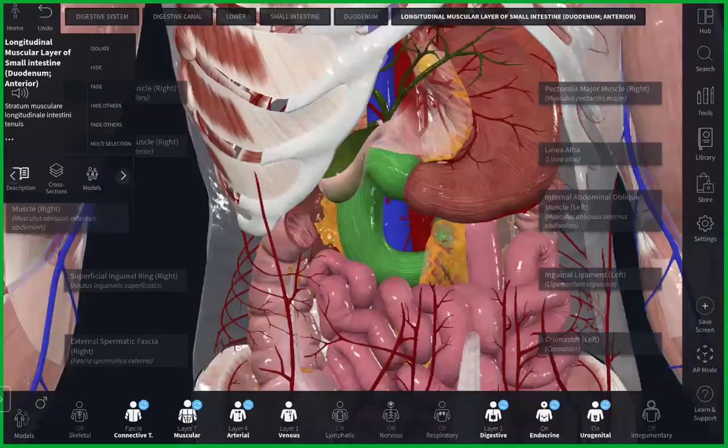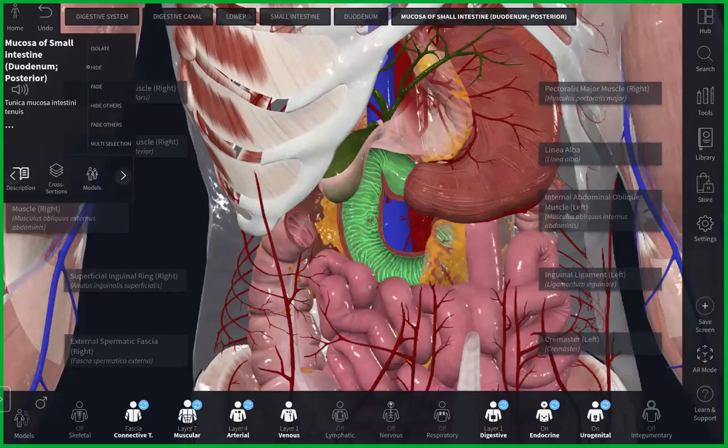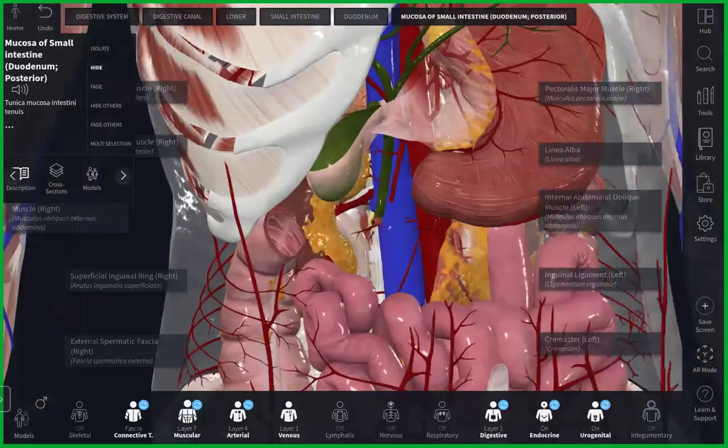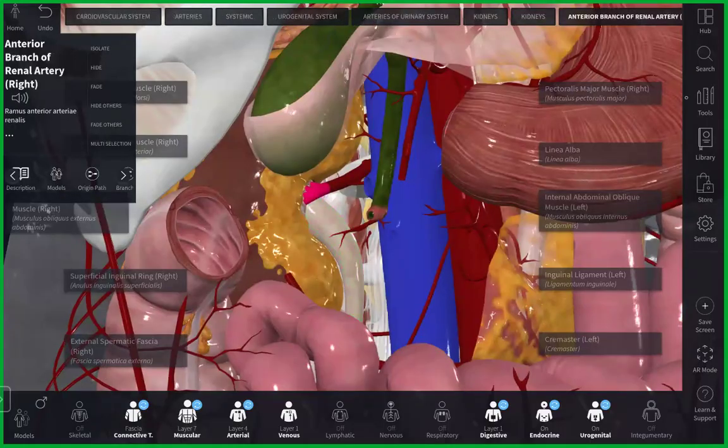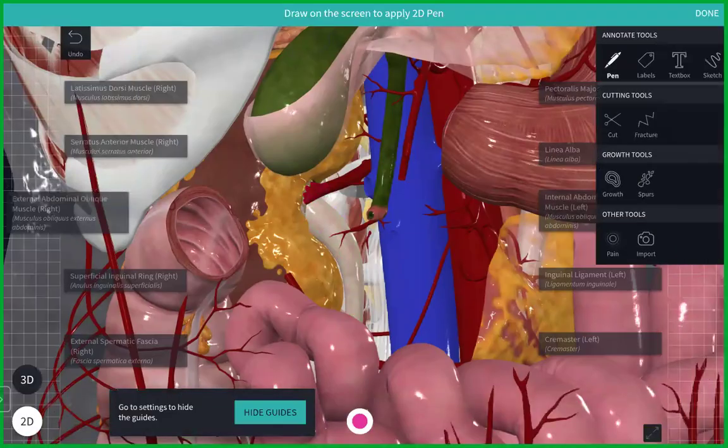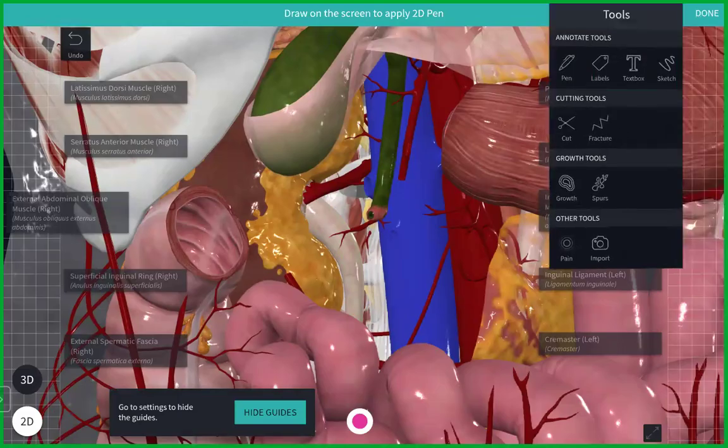Very, very important. Okay. So if we hide it, we can see that behind second part of duodenum, we have renal pelvis. And of course, where is the vein? Oh, I didn't add it.